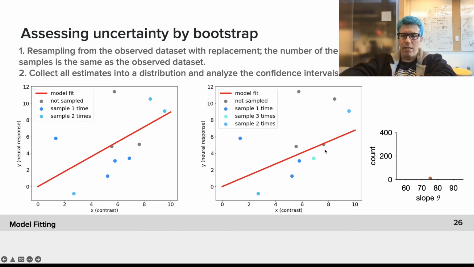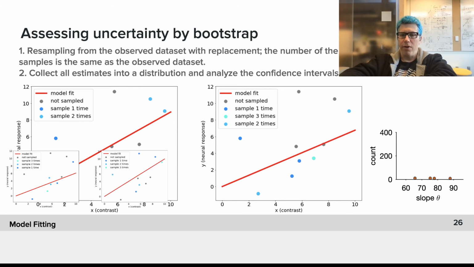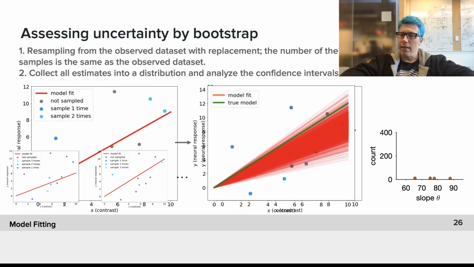So in this case, we would be getting a lower estimate of the slope. And we can do it again, giving us a 3rd estimate, and a 4th estimate, and so on and so forth. We resample the data many, many times, and every time we will get a different fit.